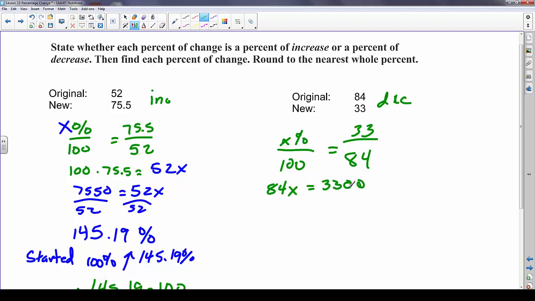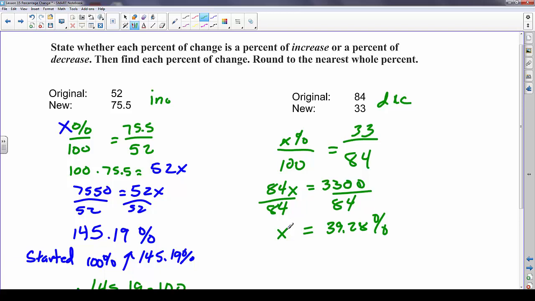Divide 3,300 by 84. And I end up with 39.28%.